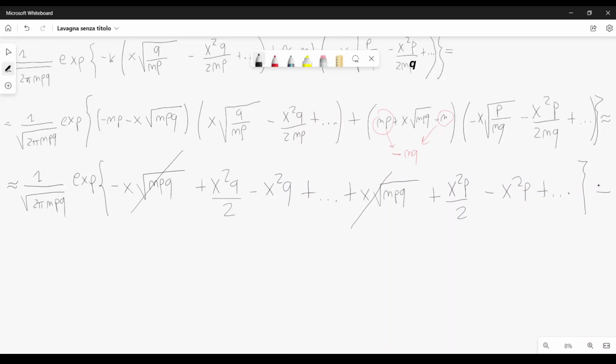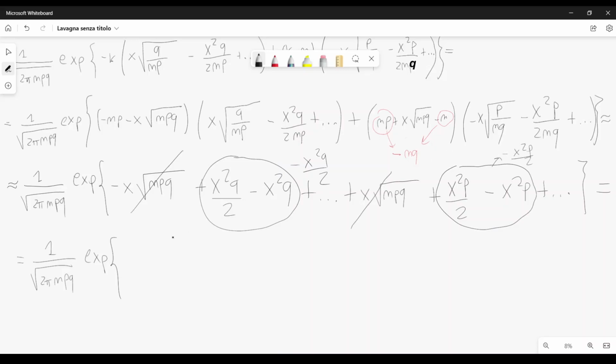And if I do the algebra here, we get 1 over square root of 2 pi n pq exponential of, now I get these terms here summed together. So from the first one here I get minus x squared q over 2, and these two together will give me minus x squared p over 2. And if I put these two together, I get minus x squared over 2 times p plus q. But p plus q is equal to 1, as we know.